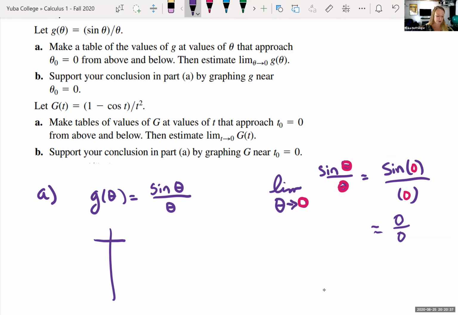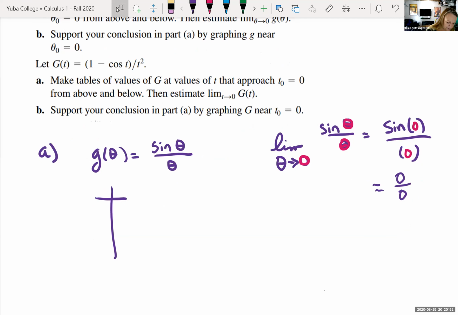We might get some more tools later in this chapter, but for now, part A wants us to look at what's going on when we get really, really close to 0 on the left. So if I'm getting close to 0 on the left, those would be negative numbers, right? So if I have negative 0.1, I want to see what g of theta is.